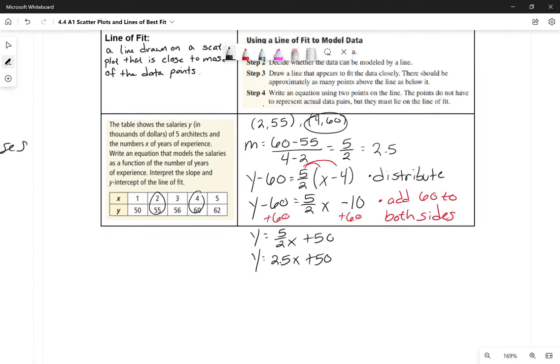Our slope in this case is actually telling us about the increase each and every year. So slope is the salary increase in thousands of dollars. Make sure you put in thousands in parentheses to let us know our unit measure.